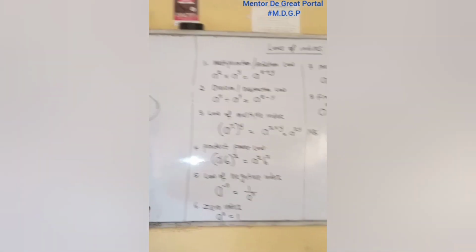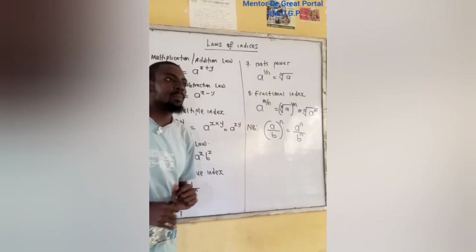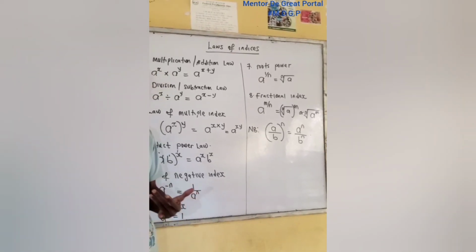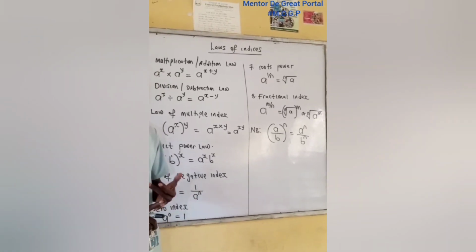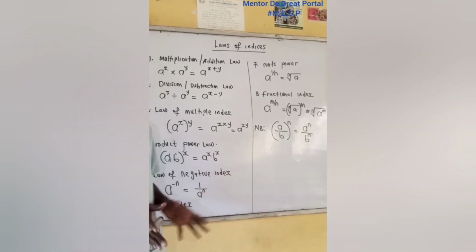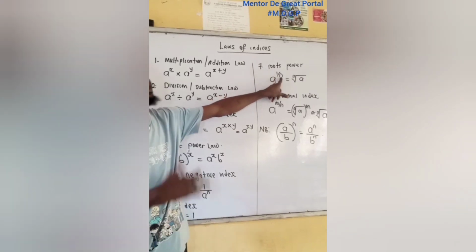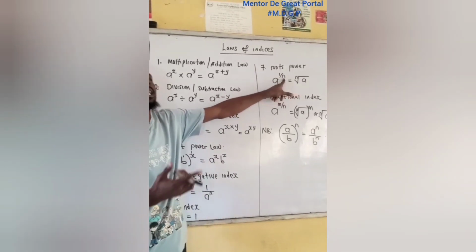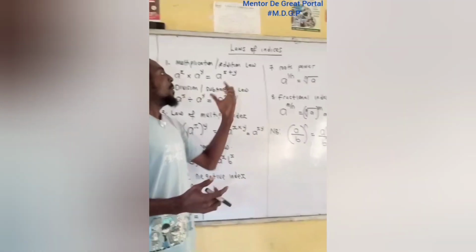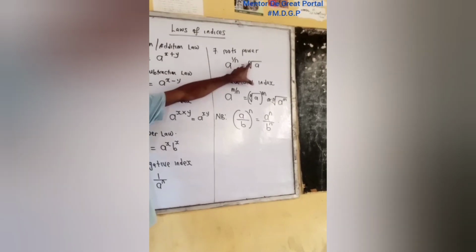Then we have the 7th law, which is called roots power. When you talk about roots power, the first thing we talk about are the likes of the square root, cube root, fourth root, fifth root, and so on. Then when you have a raised to power 1 over n, where n is a positive integer, you just take any root, whatever number that is here will come as a root.